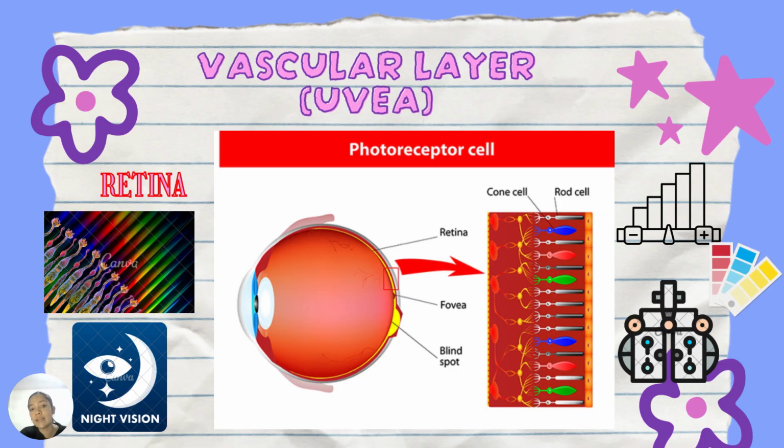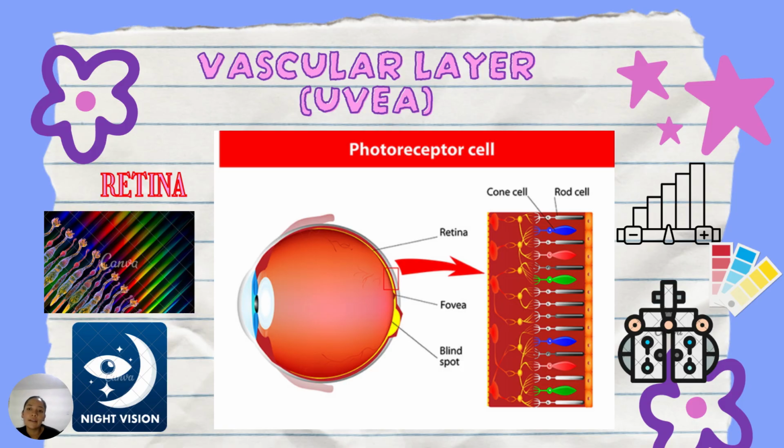Then we have the retina. The retina is the innermost layer of the eye, and it contains specialized photoreceptor cells. The first ones are the rods, that are responsible for night vision and detecting light intensity, and then we have the cones, that are responsible for color vision and high visual acuity.